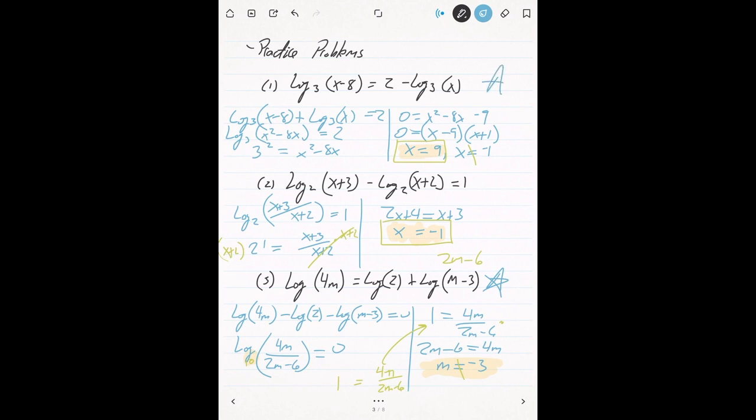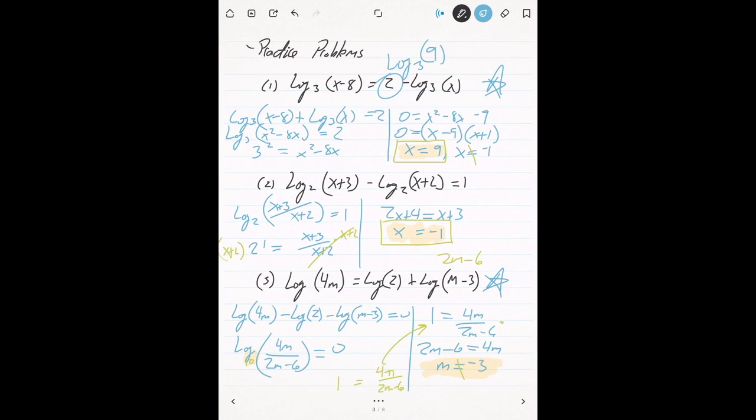You could try to use it in this situation, but you would have to rewrite 2 as a logarithm, like log base 3 of 9, right? That's what 2 is with log base 3. Then you would have to combine it together. You could do that, but does it really save you any time?